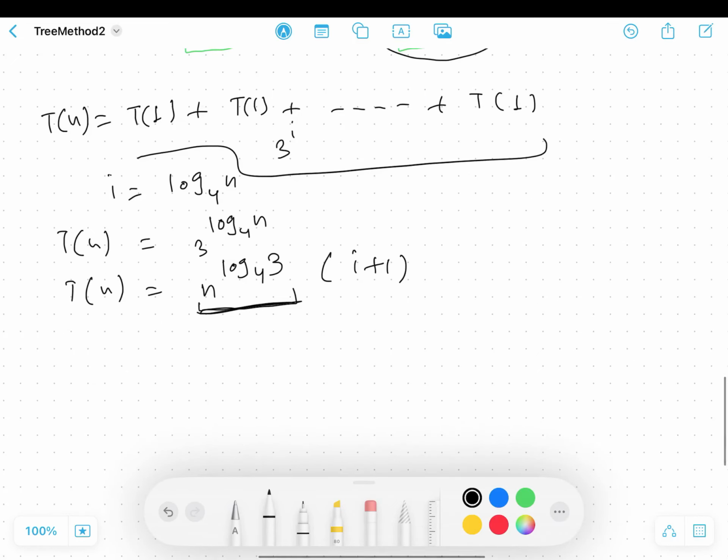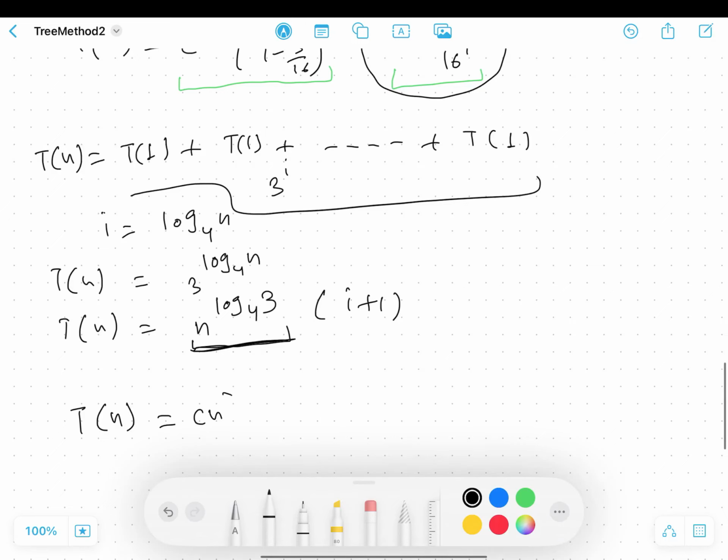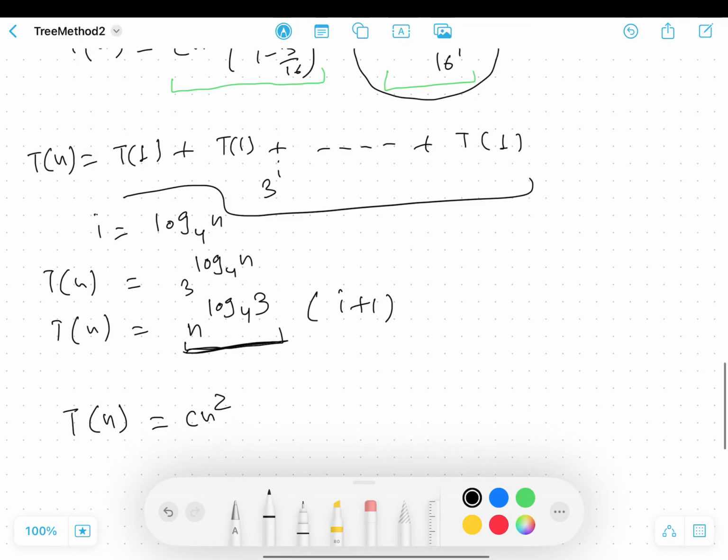So the total cost would be Cn square times 1 upon 1 minus 3 upon 16 plus n raised to the power log base 4 3. Okay, sounds good.